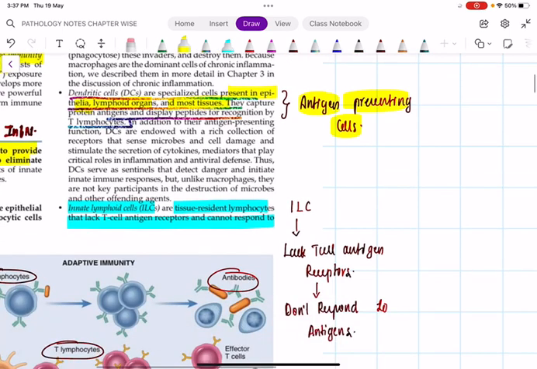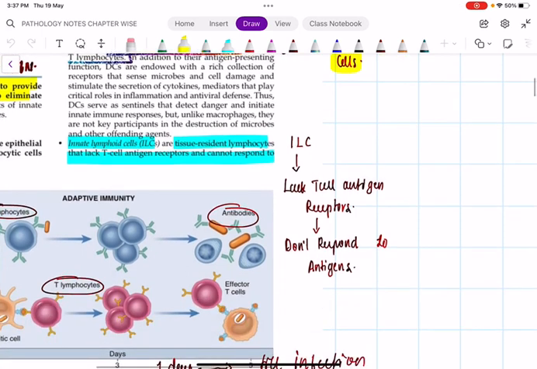Then we have ILCs, or the innate lymphoid cells. They are nothing else but lymphocytes which are residing in the tissues. What is the importance of these ILCs? This is a very important potential question. The ILCs lack T cell antigen receptors. That means they don't respond to antigen.